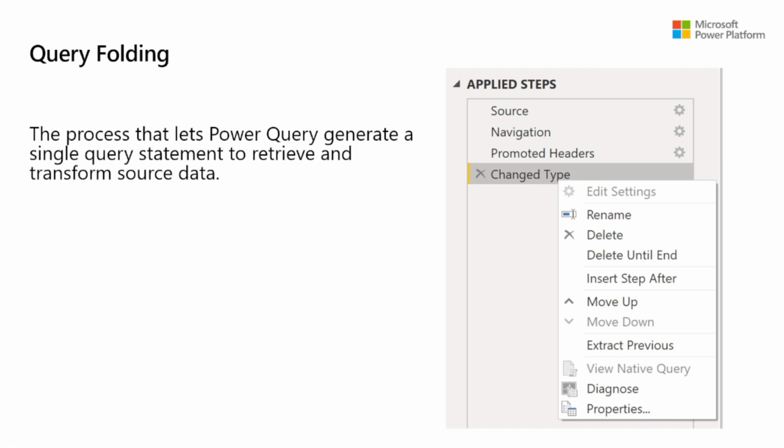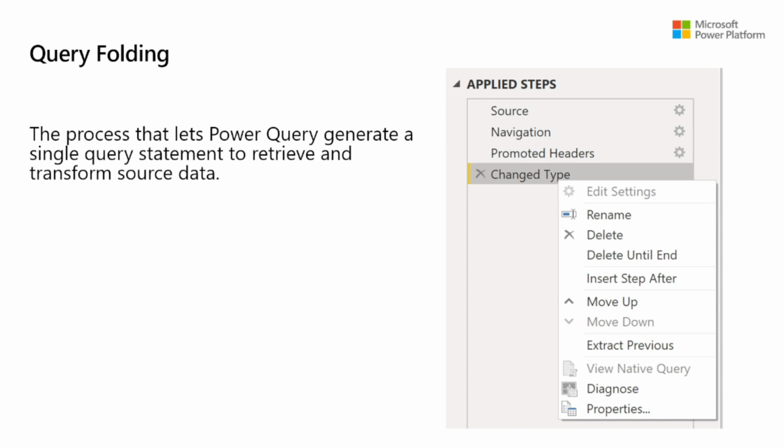Now the word native query means that whatever actions we are doing here are reflected as is, and then these actions are performed at the source level. So you can use Power Query to load the data into Power BI using the Power Query Editor.